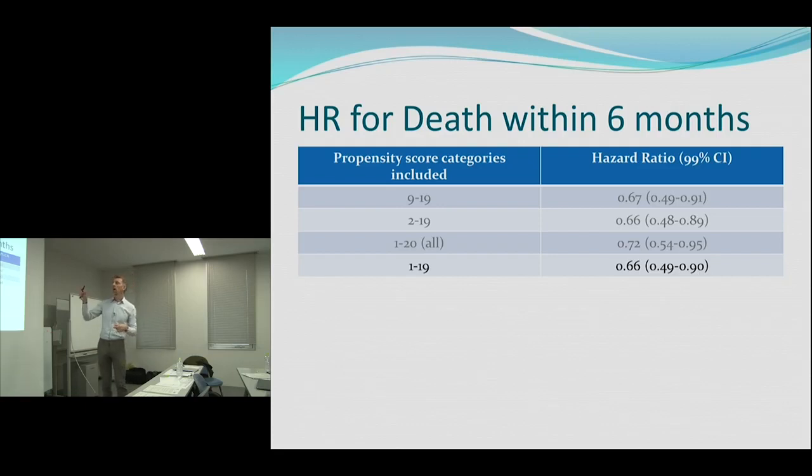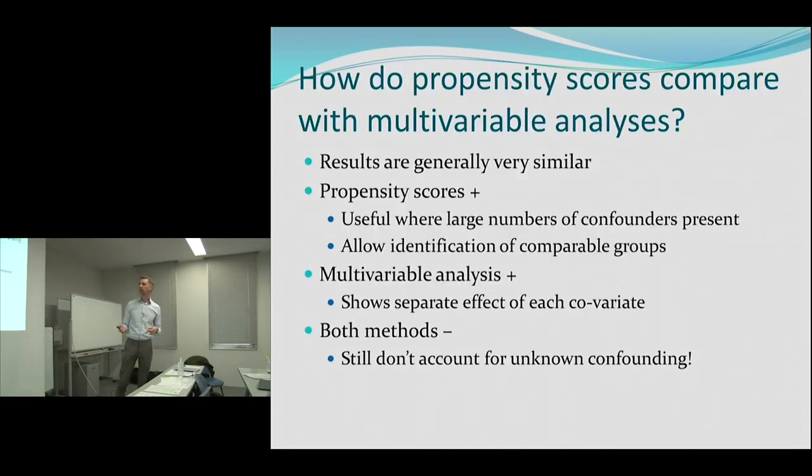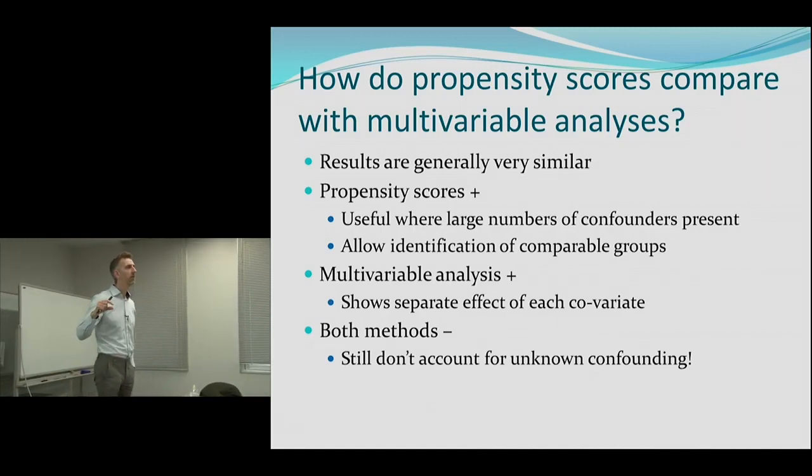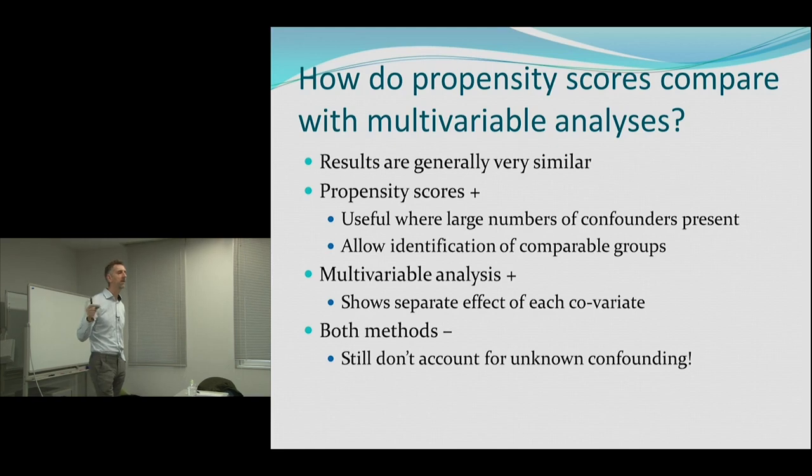Okay, so that's it. We were going to talk about how they compare. So I've covered some of this. So mostly the results of a multivariable and a propensity score analysis would be very similar. It'd be very unusual for them to give you very different answers. Where I think propensity scores have a big advantage is there are two things.